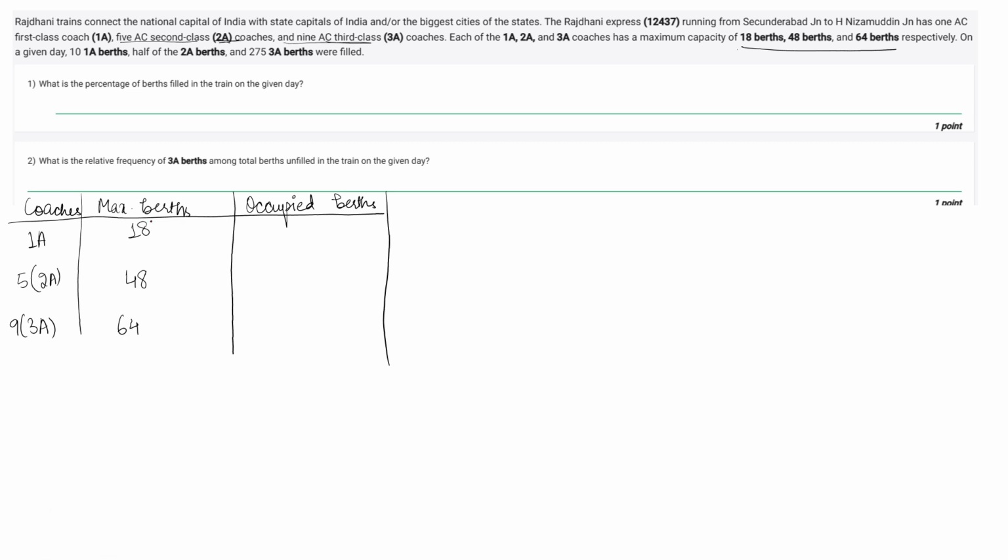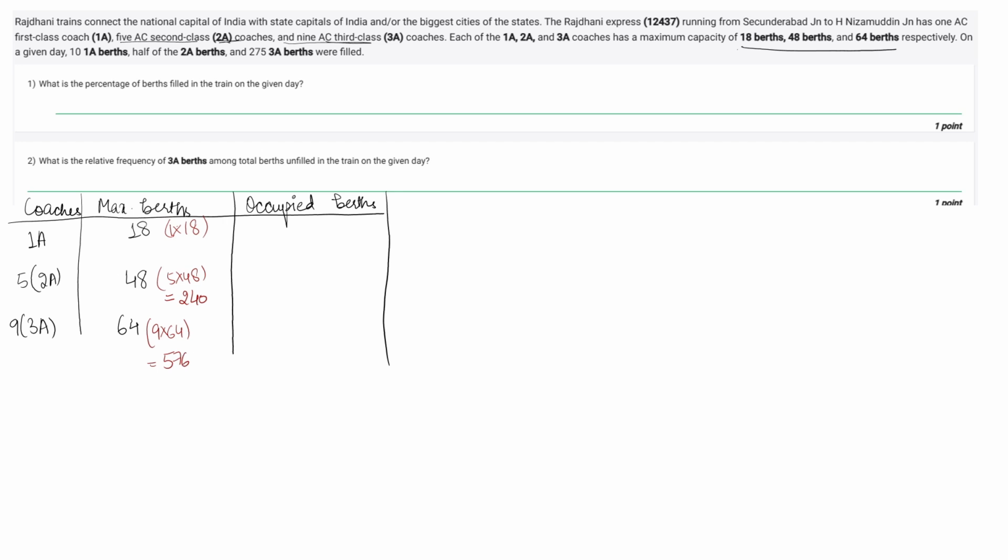So that is 1 into 18 is equal to 18, 5 into 48 is equal to 240, and here 9 into 64, total berths are 576.